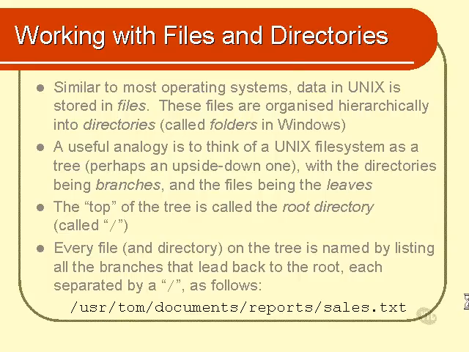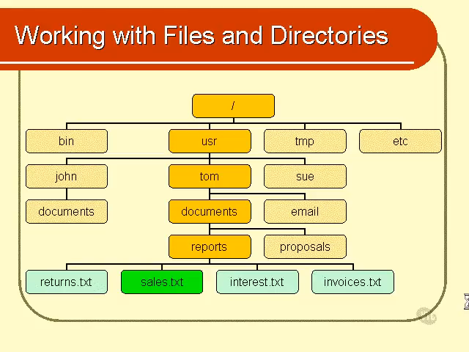Now, if that still doesn't make sense to you, then let's have a look at a diagram which hopefully will. This diagram, with a little stretch of the imagination, is a diagram of a tree. The black lines between all the boxes can be thought of as the branches, and the boxes themselves are simply the names of the branches. When you get down to the blue and green boxes at the bottom, they represent files, so they in fact are the leaves on the reports branch, whereas all the other boxes on the tree are intended to represent directories.